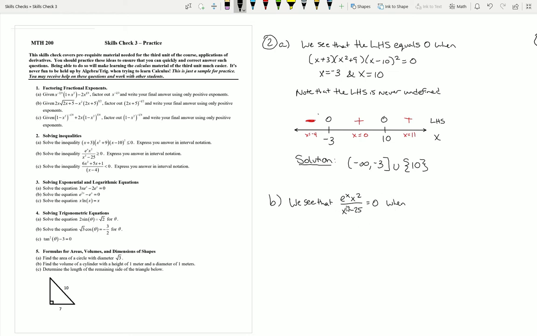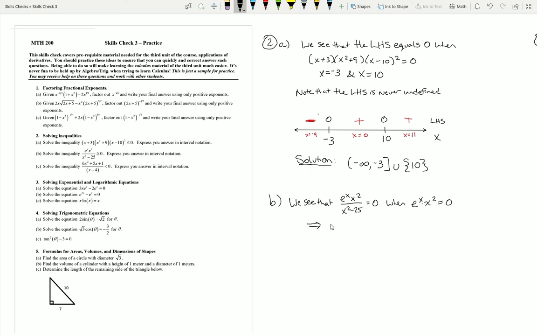If I wanted this to equal 0, I could start by taking my denominator and multiplying it over to the other side. I would get something like e to the x times x squared is equal to 0. Pretty obvious. If I want a fraction to be equal to 0, I need the numerator to be equal to 0. Again here, though, I have two things that are multiplied together that could equal 0. And so I can take a look at when this would actually occur.